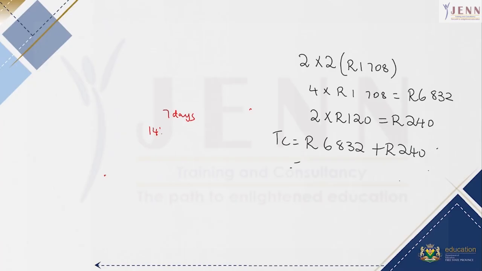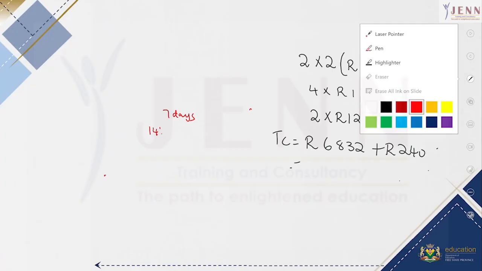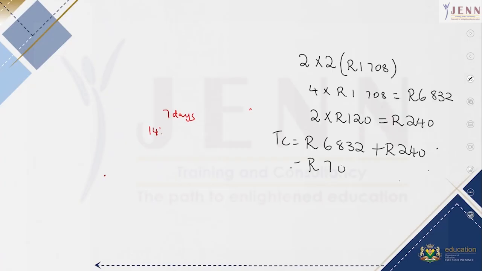So the total cost for transport, for the plane tickets and the shuttle, will give us 7,072 rands. That's the cost for transport. Okay, I believe learners, you do understand that.